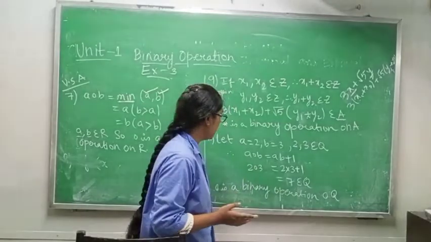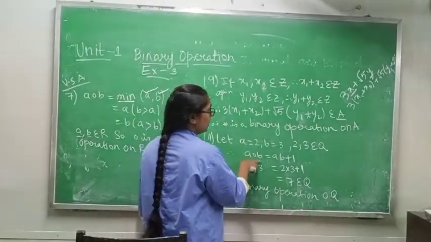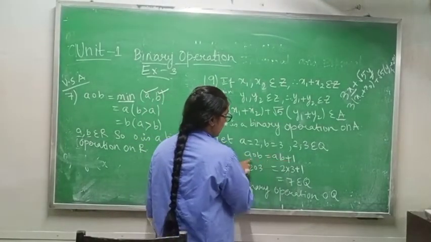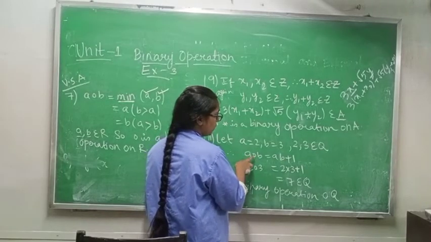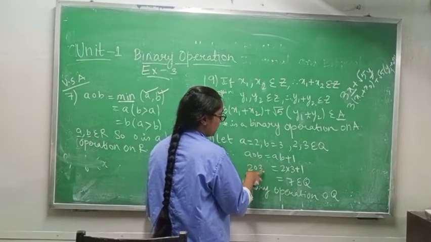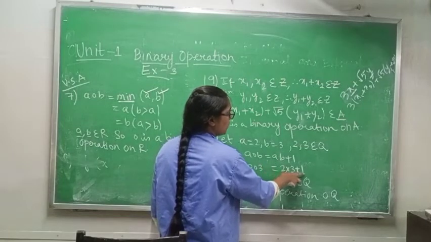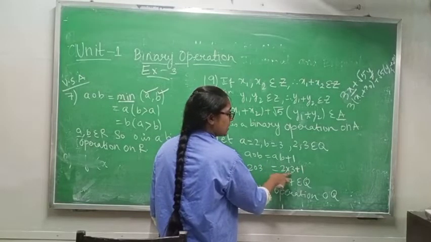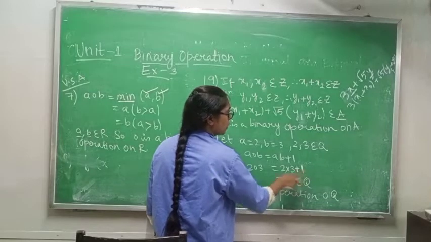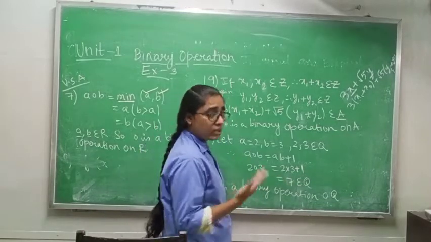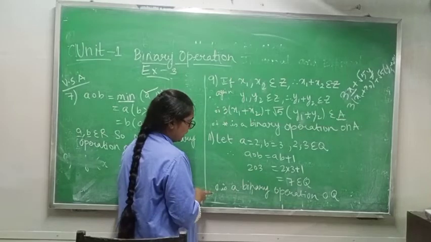I have written that already. Now it is given A circle B equals AB plus 1. So in place of A I am writing 2, then circle, then in place of B I am writing 3, equals AB, meaning 2 into 3 plus 1. 2 into 3 is 6, 6 plus 1 is 7. 7 also belongs to Q, because 7 is also a rational number. So what will you write?